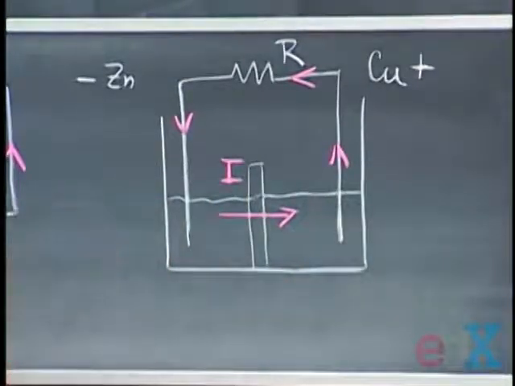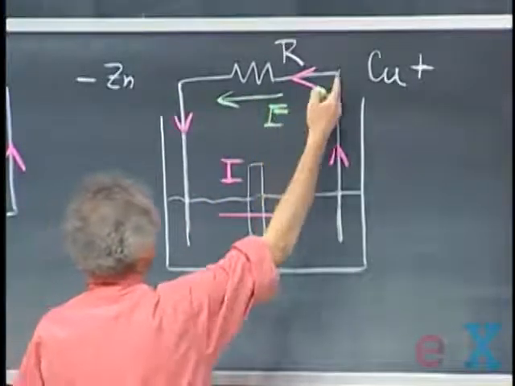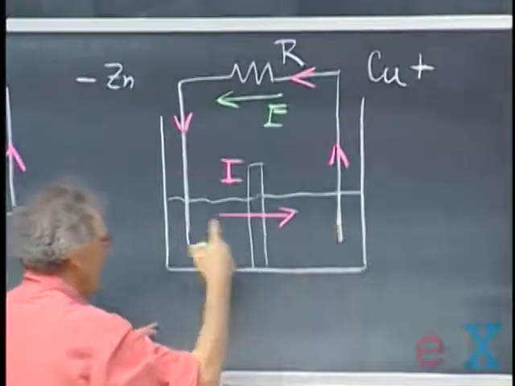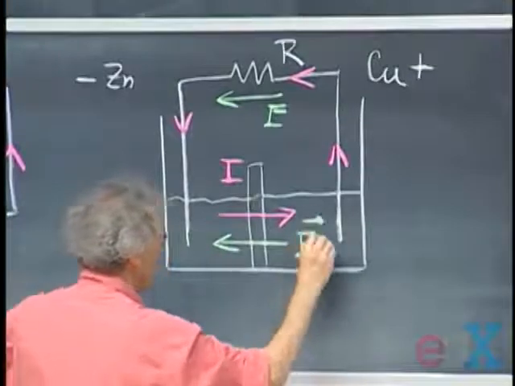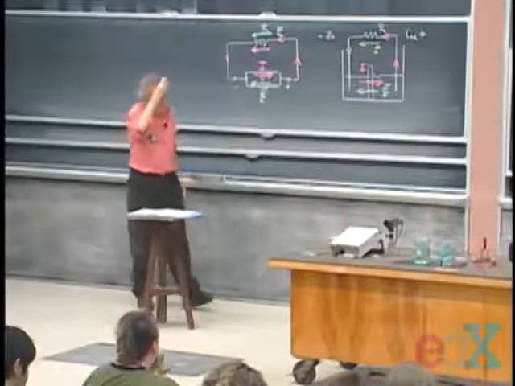And the electric field here is in this direction, from plus to minus, but also inside the battery, the electric field must be from plus to minus. So you see again, as we saw here, that the electric field is in the opposite direction of the current.